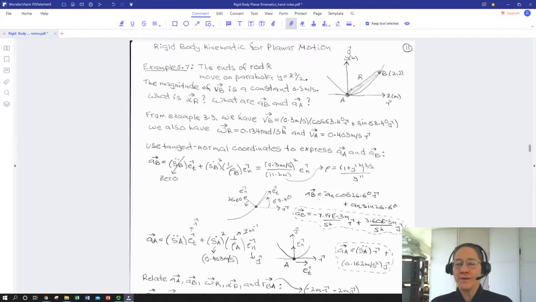And we figured that out in the previous question. We know the direction of acceleration and the direction of velocity of A, because it's following this path, so it's directed straight in the positive i-hat direction.